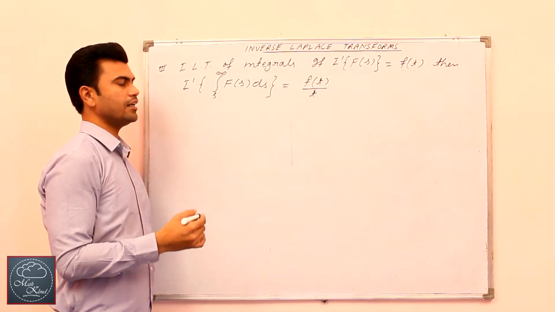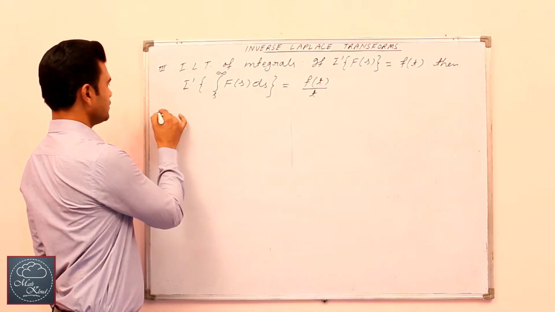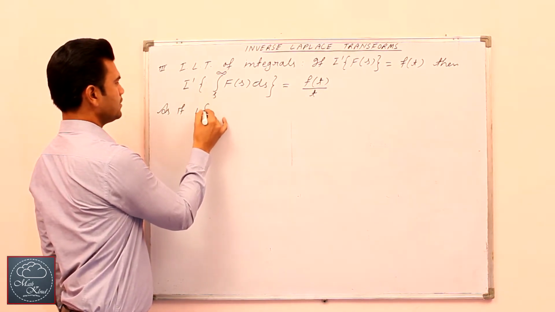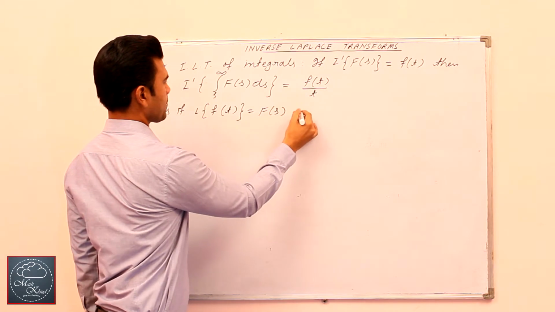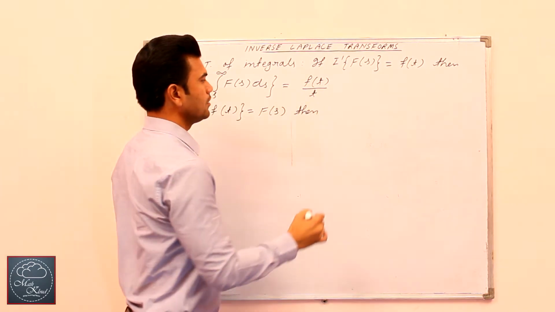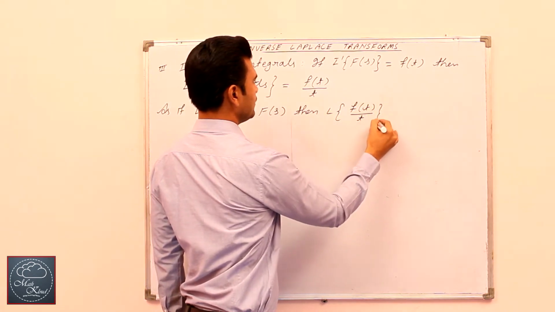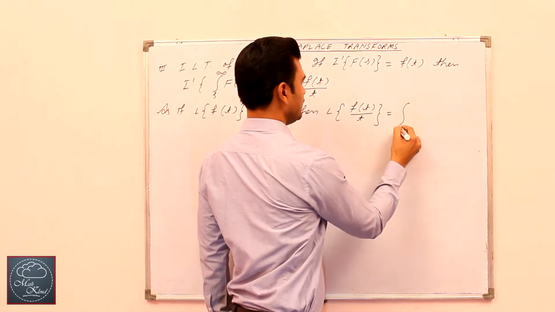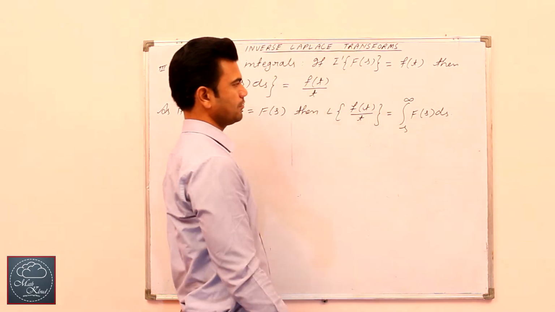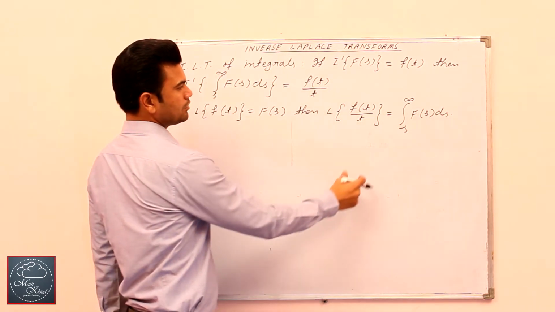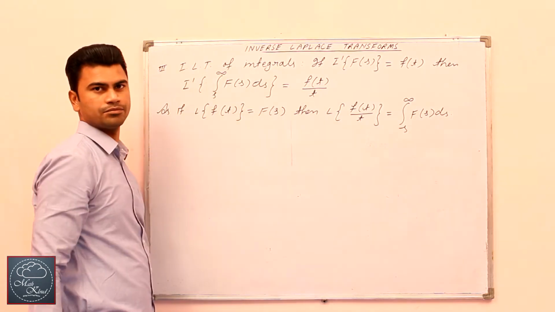This result directly follows from the result of Laplace transforms, as if the Laplace transform of f(t) is F(s), then the Laplace transform of f(t) over t is given by the integral from s to infinity of F(s) ds. So if you take the inverse Laplace transform on both sides, you will get this result.